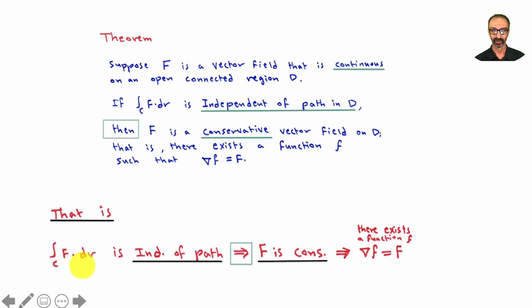Meaning, the line integral of F dot dr being independent of path implies F is conservative, which means there is a small f that the derivative of it, or the gradient, is capital F.